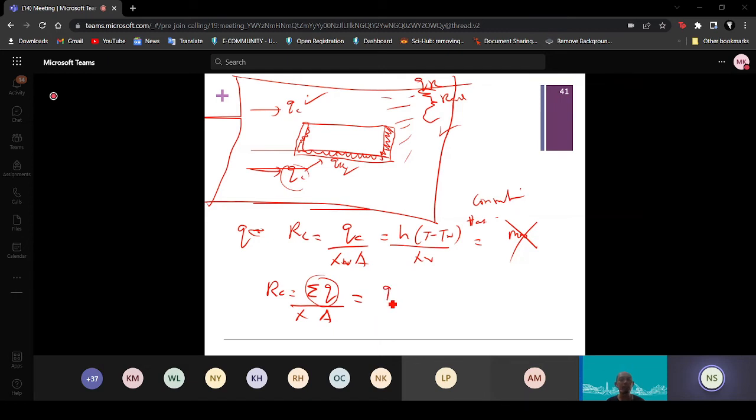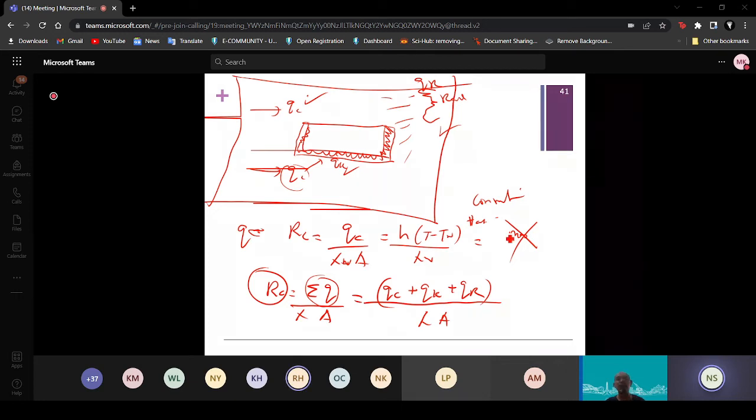Q convection plus Q conduction plus Q radiation. And all of these will be divided by latent heat times area. So you need to develop all the equations for QC, QK, QR and divide by latent heat area. Okay, this will give you RC, your constant rate.